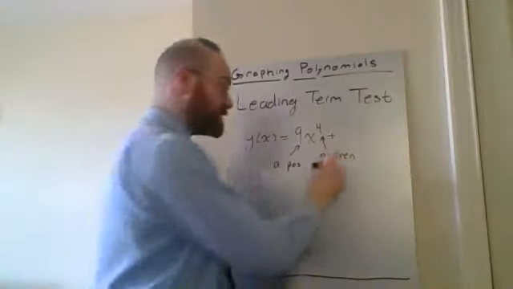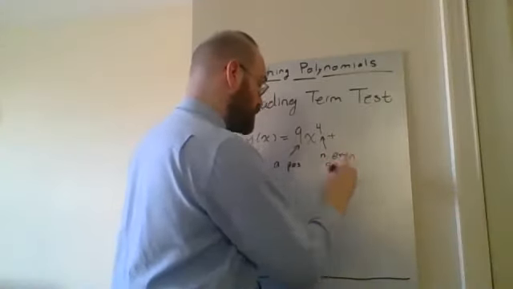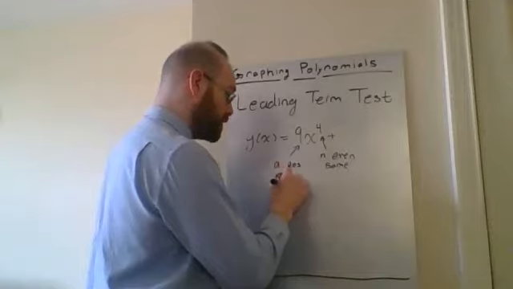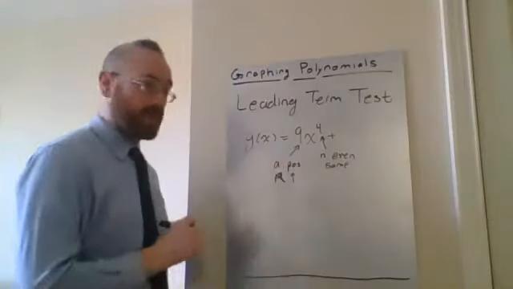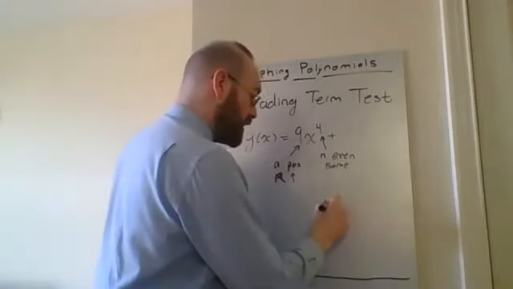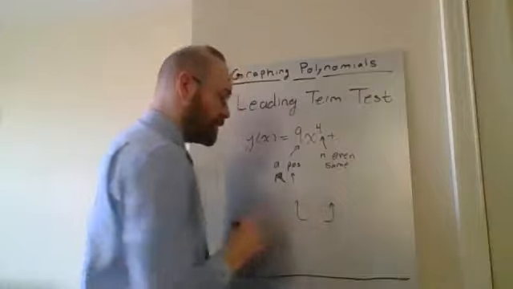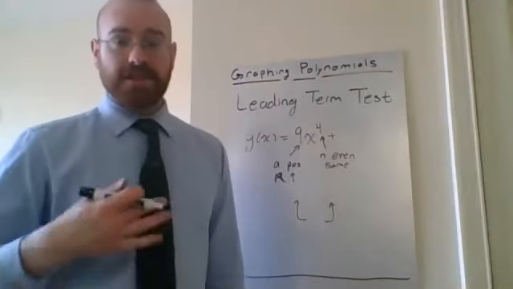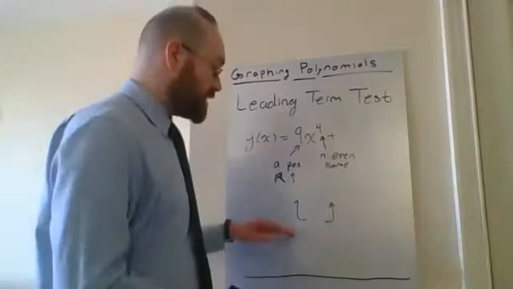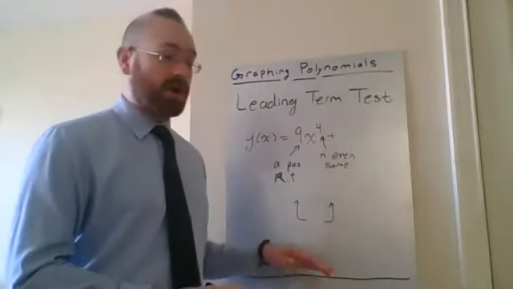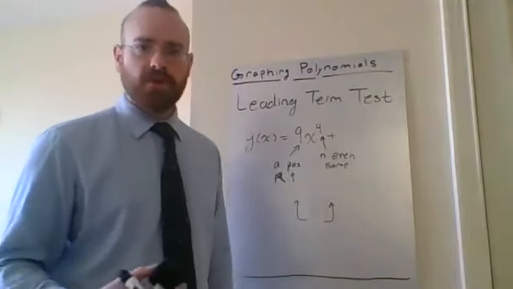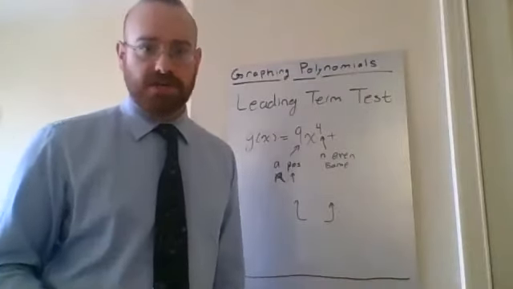So even means the same direction, and A positive means the right side goes up. So I'm going to have up on the right side and up on the left side. Now I'll leave it to you to practice the limit notation. As long as you can identify these parts, you'll be pretty good for graphing the function, whether you have a mastery of that notation yet or not.